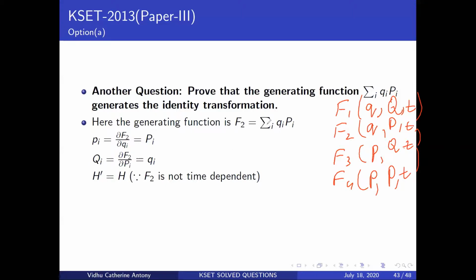So I have an F2 which is equal to the summation over i of Qi Pi. Now I want to find out what my pi is.